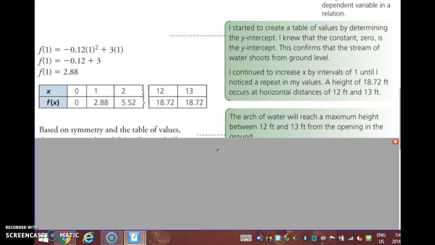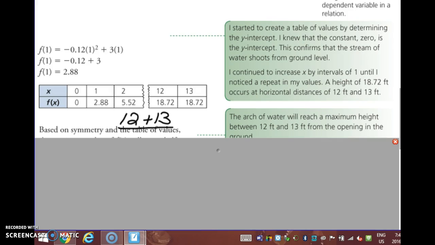That is showing that the water reaches a peak and then starts to travel down. So we should be able to find our maximum value for this. It has to be between 12 and 13.